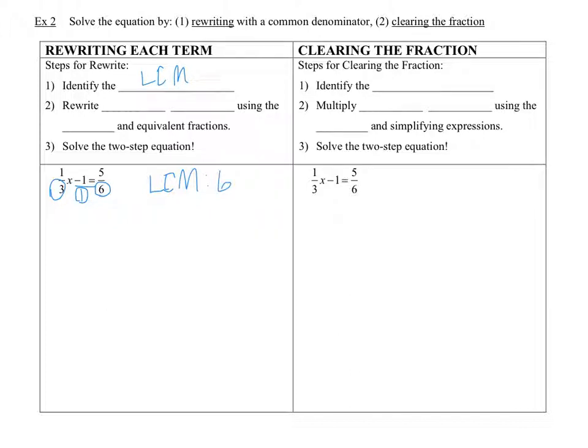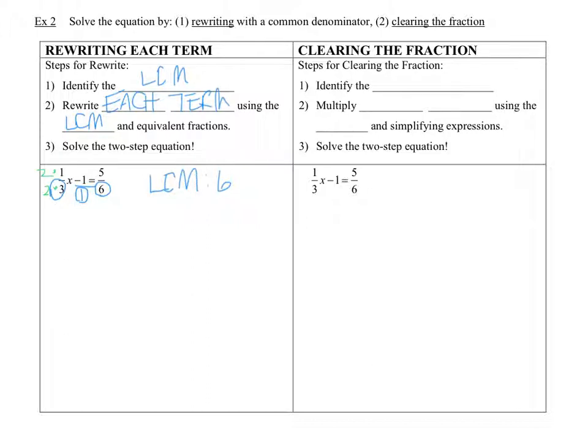Now we will rewrite each term using the LCM and equivalent fractions. Looking at the first term, we have 1/3 x. To get the denominator of 6, we multiply the 3 by 2. To maintain equivalent fractions, we also multiply the numerator by 2.